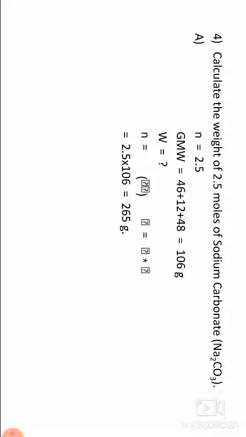M1 equals molarity of the first solution, V1 equals volume of the first solution, n1 equals number of moles of the first solution, M2 is the molarity of the second solution, V2 the volume of the second solution, n2 the number of moles of the second solution. The unit of molarity is moles per liter. Molarity depends on temperature. If temperature increases, molarity decreases.